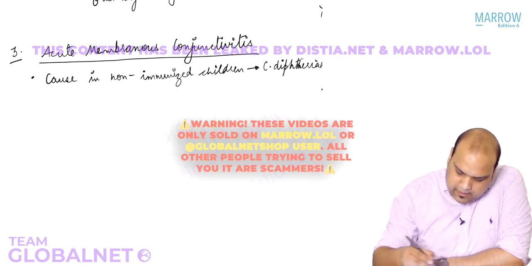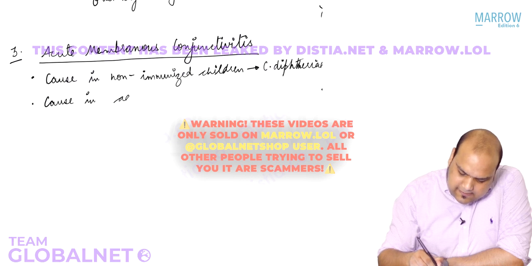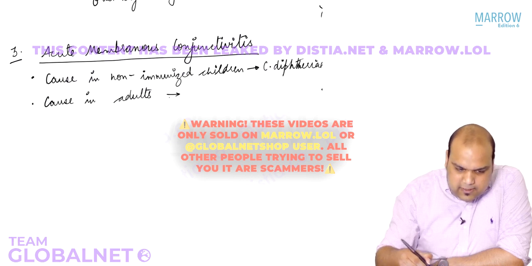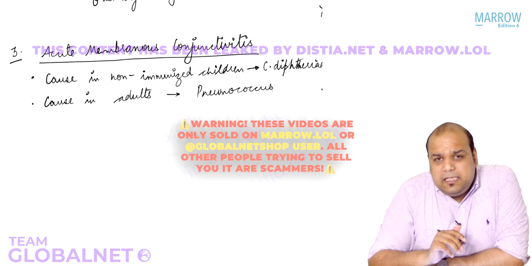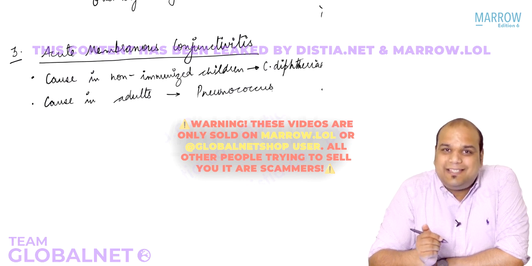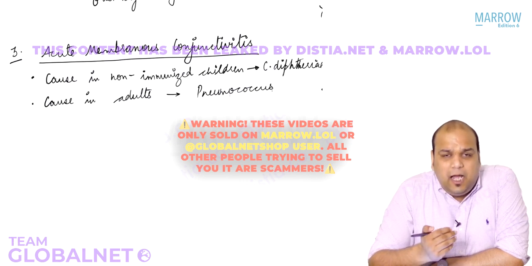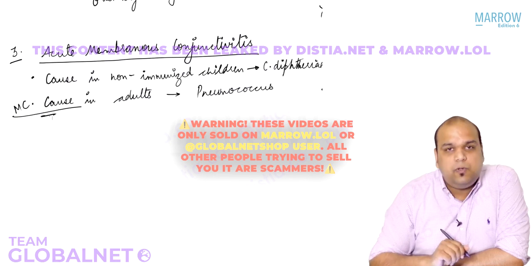But the most common cause in adults for this membranous conjunctivitis is pneumococcus. So please do remember these 2 different questions. Answer diphtheria only if non-immunized children is mentioned in the question. Otherwise, you can say the most common cause overall is pneumococcus.